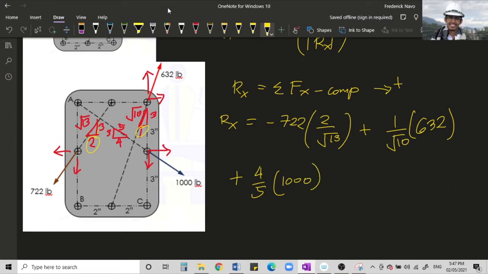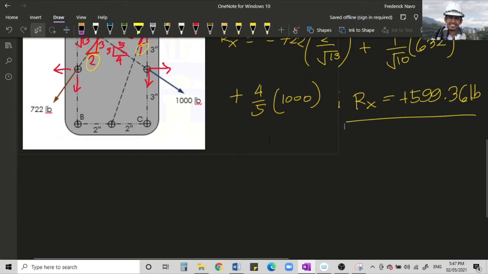Okay? So, therefore, makukuha na natin yung value ng Rx natin. So, Rx will be equal to positive, it will give you positive 599.36 pounds. Tama?